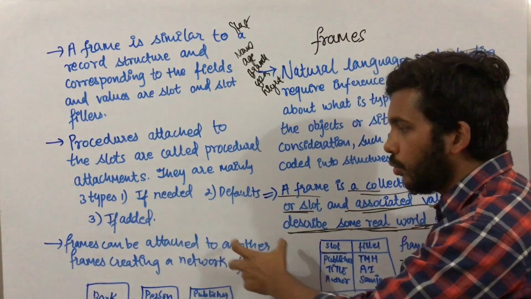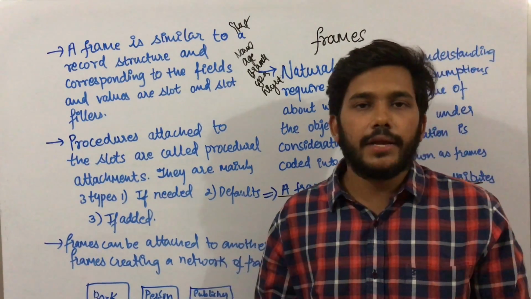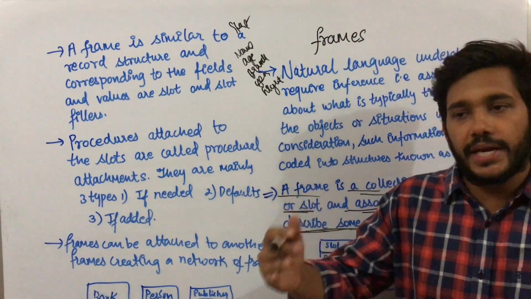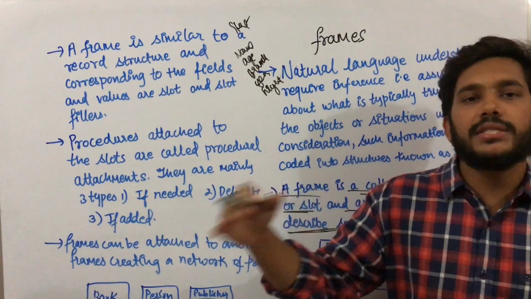Frames can be attached to other frames, creating a network of frames. A single frame will not describe all the objects, so we can create different frames for different objects, and then we can link these frames.